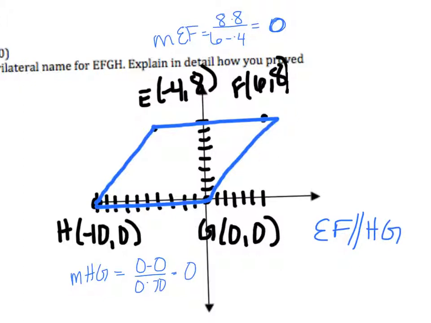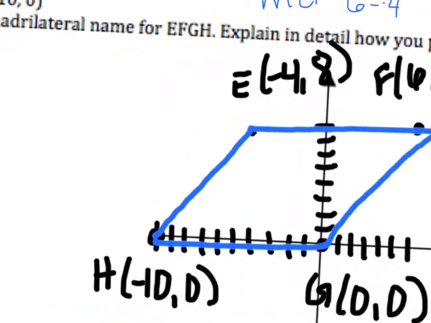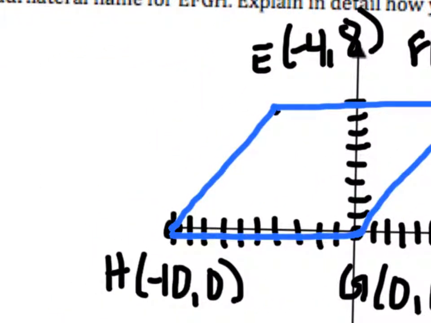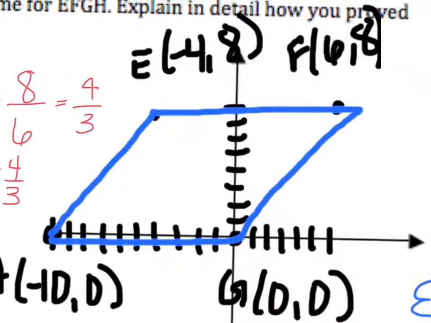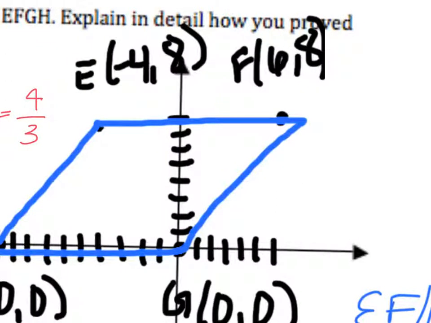So now I'm going to do that for the other two sides. EH. It's going to reduce to 4/3. Okay, so that's the slope of EH equals 4/3. Now let's go to the other side and see what happens, because if it's not parallel, then it's not a parallelogram.